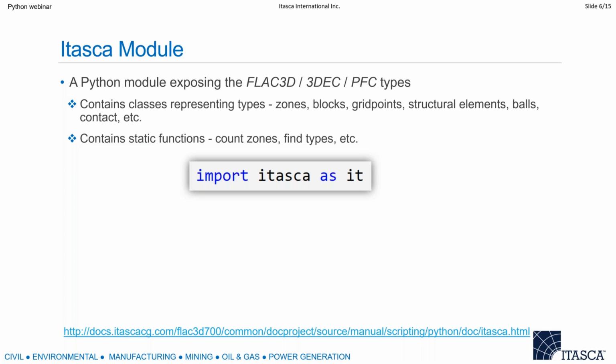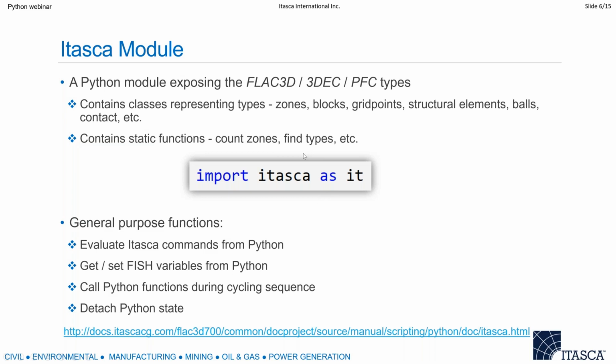For most Fish functions, you can find the equivalent Python function in this module. If you want to use this module in a Python script, you just import itasca, as you can see here. We can use the itasca module to call Itasca commands from Python, to get and set Fish variables from Python, and also call Python functions during the cycling sequence.